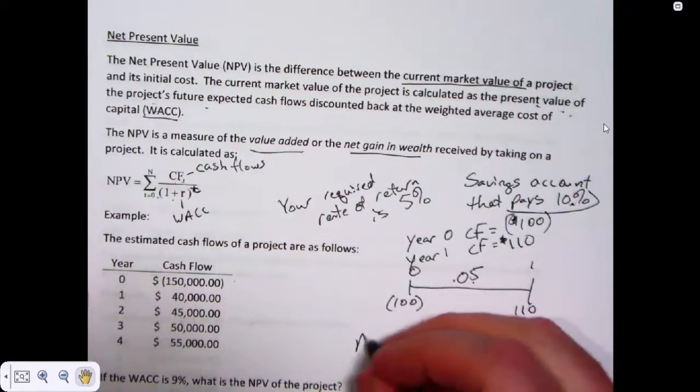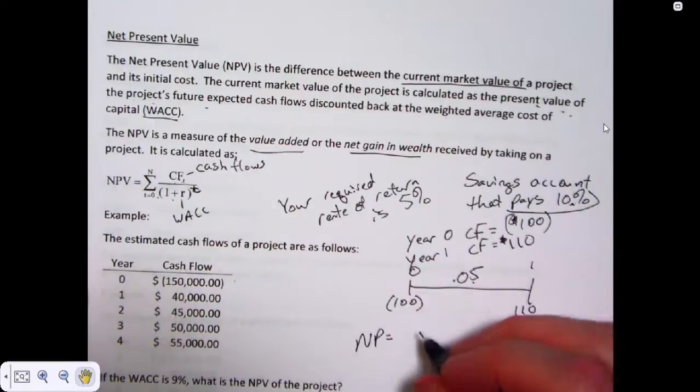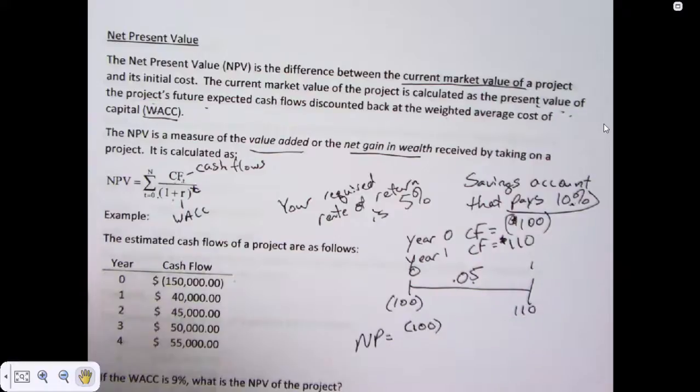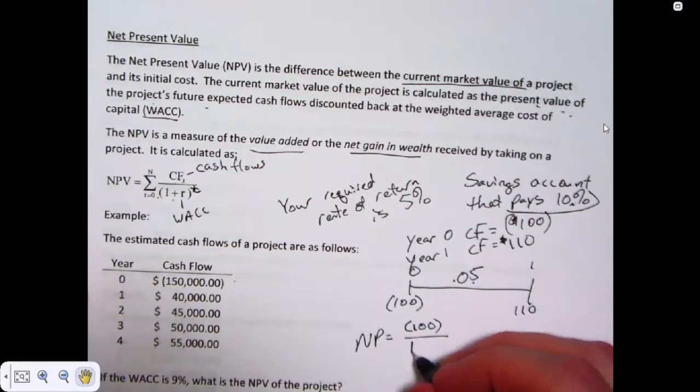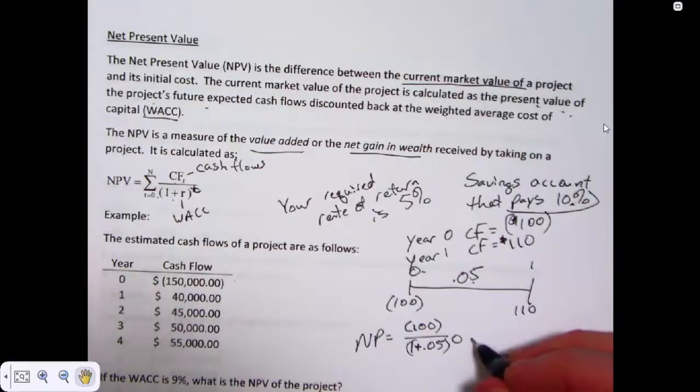So my NPV is equal to negative $100, because that's what I invested at time zero, discounted back at 1 plus 0.05, raised to the 0 power, because that's when it occurred, that's our little t, plus $110 positive, divided by 1 plus 0.05, raised to the first power.